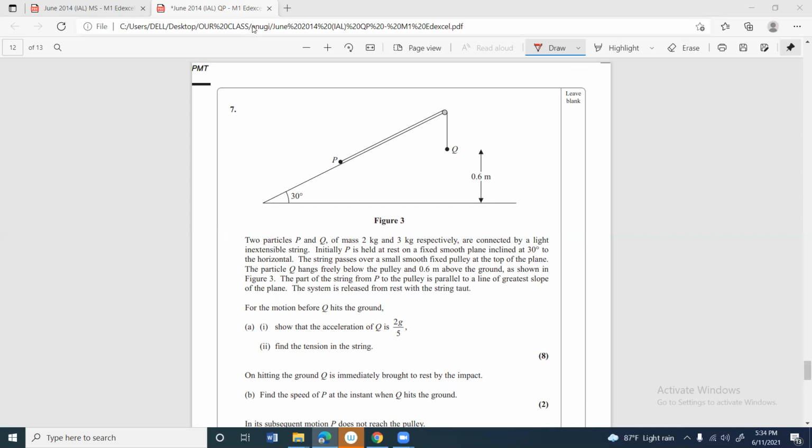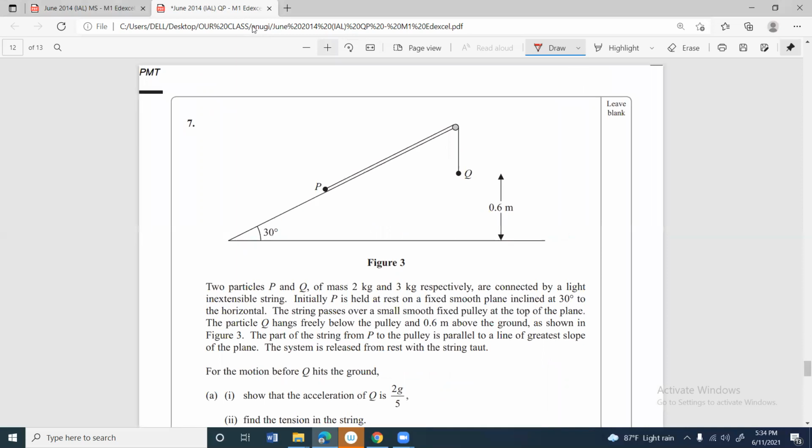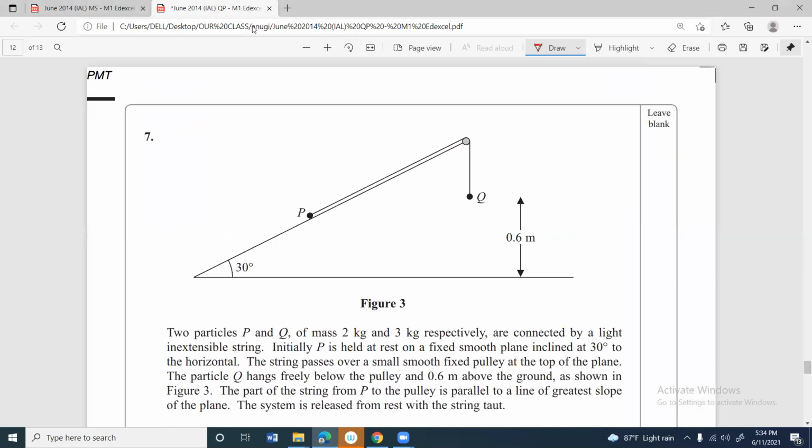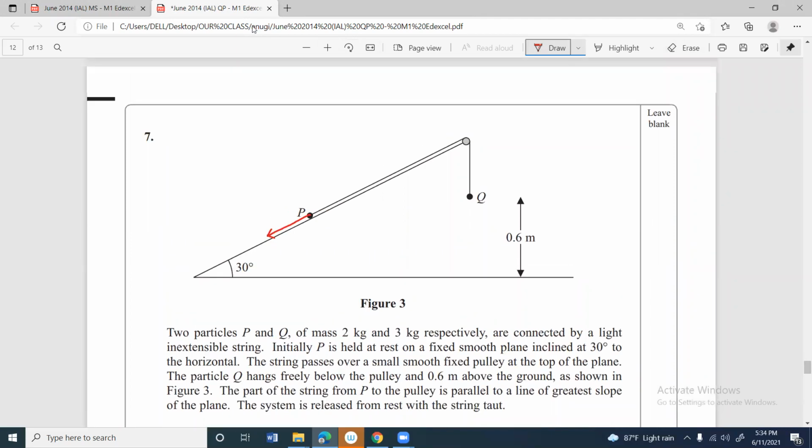Okay. Initially, we will mark the information over here. The mass is 2 kg, therefore we can mark the weight component. Since this is a smooth surface, the perpendicular component is not required. So we can mark the weight component along the plane. Here we show that the acceleration is 2g over 5.